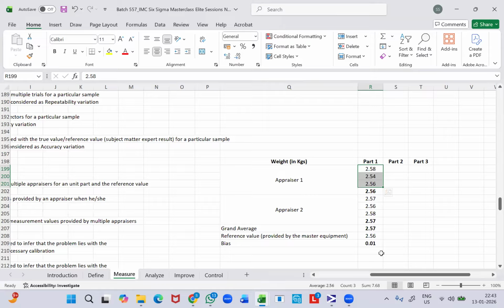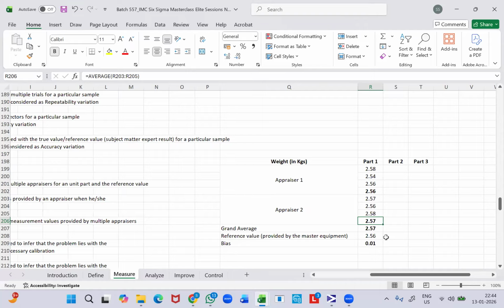Clear? Then we have reproducibility variation. So what is reproducibility variation? This is nothing but the differences in the average of the measurement values provided by multiple appraisers when they measure the same part using the same gauge. This reproducibility variation is also referred to as appraiser variation. I told you the measuring equipment and the appraisers will be part of the measurement system as far as continuous data is concerned.